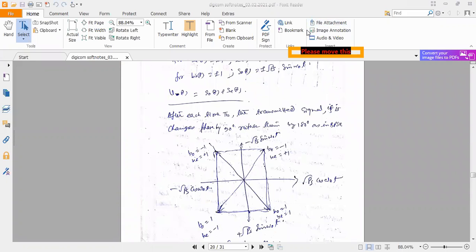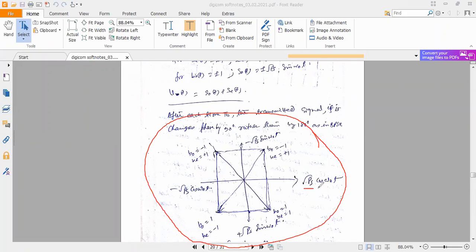This phasor is important. This is cos omega 0 t, just repeating, minus cos. This is sine, so this is minus sine, and accordingly we are plotting our phasors: first, second, third, and fourth. And there is a 90-degree phase shift between each of these. In the case of BPSK, the phase shift was different.